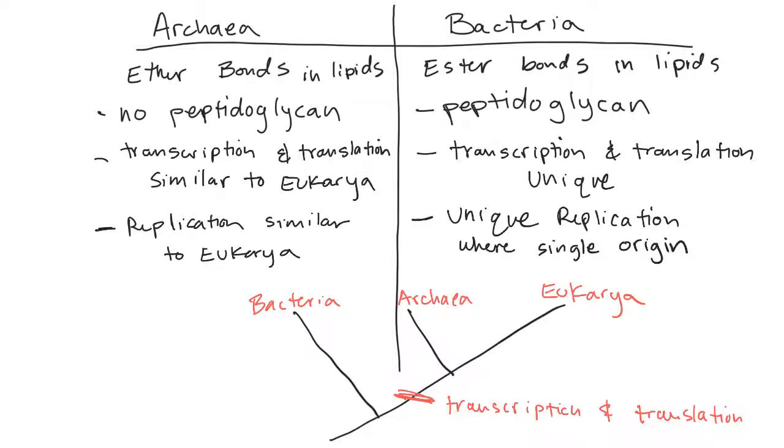Okay. All right, so those are some major differences between the two. We also have archaea are extremophiles, and are much more rare than our bacteria, which you can find pretty much everywhere.